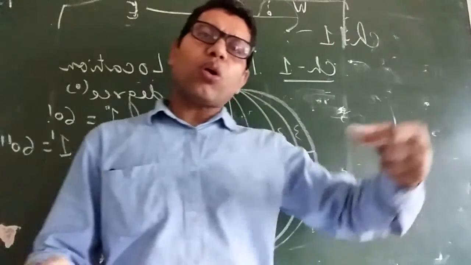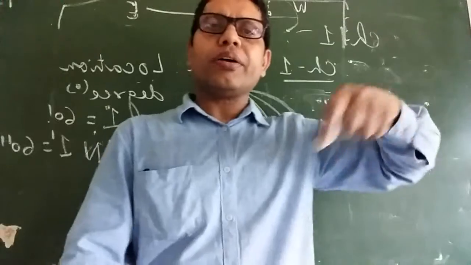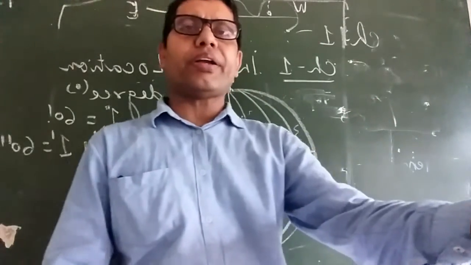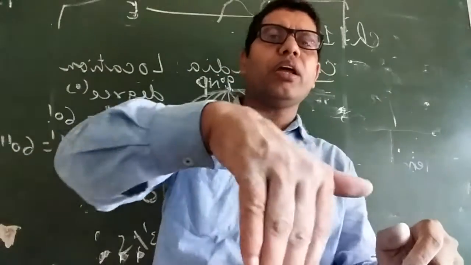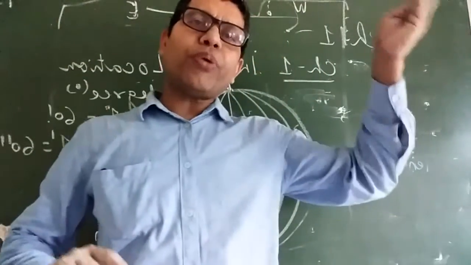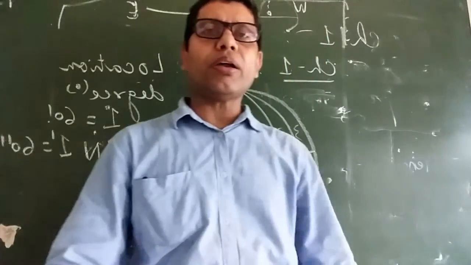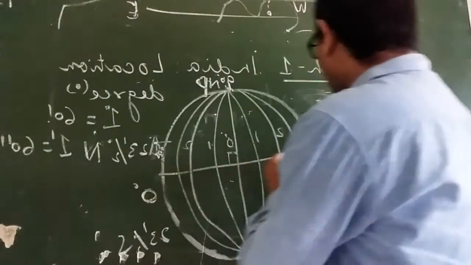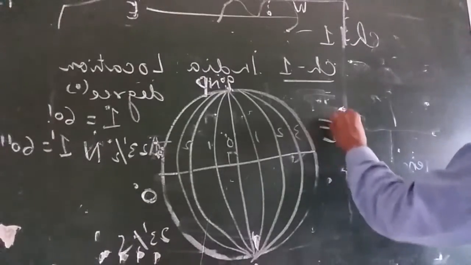So the longitude of a place is divided from 0 degree to 180 in the east, and 0 to 180 in the west. When we talk about a place in the eastern hemisphere, we write E, suppose 68 degree east.